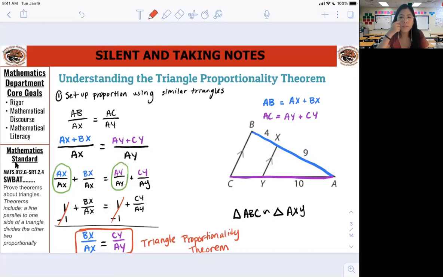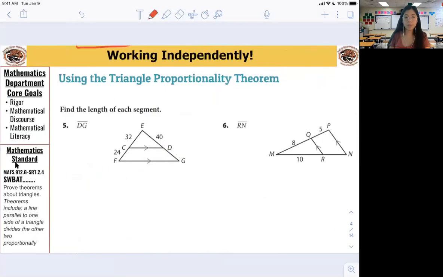Any other questions? Okay. Well, now that we know the theory behind it, remember, it's actually pretty easy when you have numbers. So go ahead and take a look at these examples. For each of them, you're going to find the missing side.